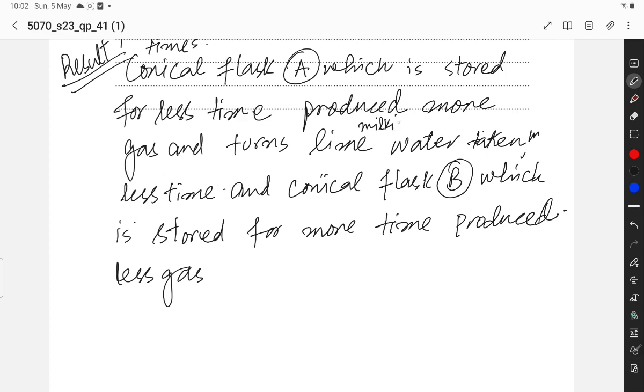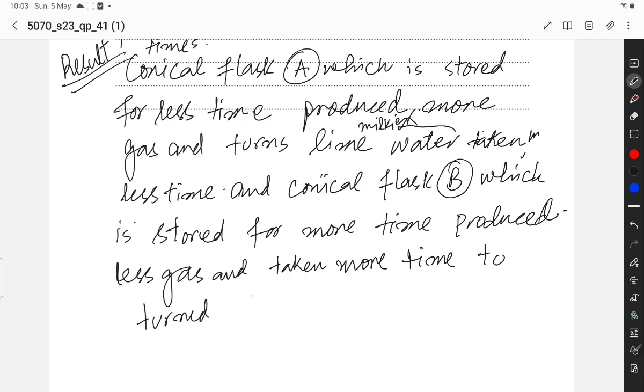Conical flask B, which is stored for more time, produced less gas and took more time to turn lime water milky.